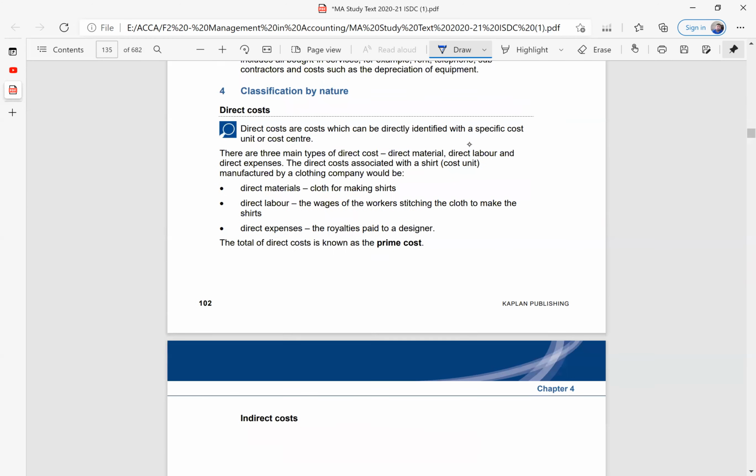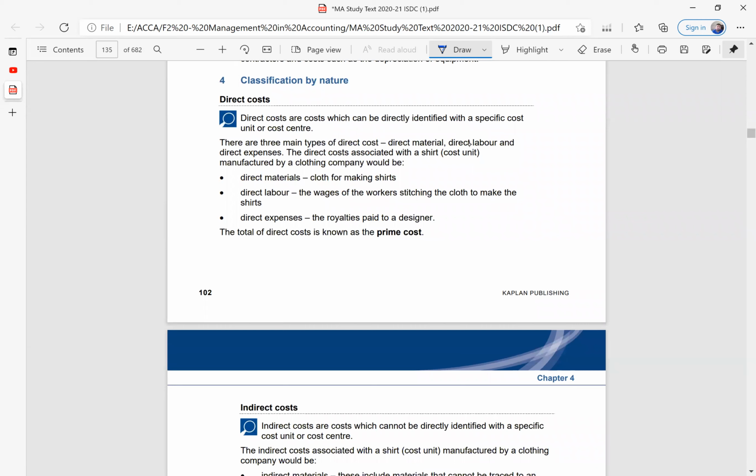Now, classification by nature. Direct costs are those costs which can be directly identified with a cost unit or cost center. Like I mentioned, I'm buying 10 pieces of wood, and 10 pieces are being used in one table. So this is your direct material because you know how much is being used.